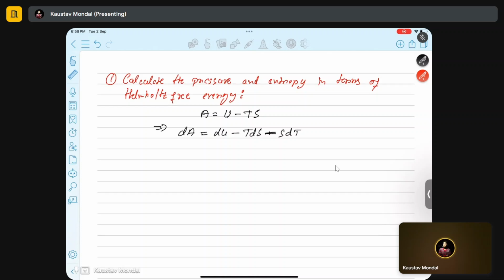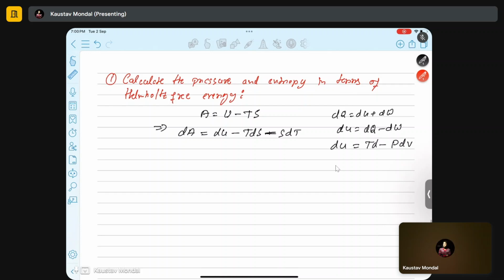Now we know dQ equal to dU plus dW, so dU would be dQ minus dW. Here dQ is TdS and dW is PdV.